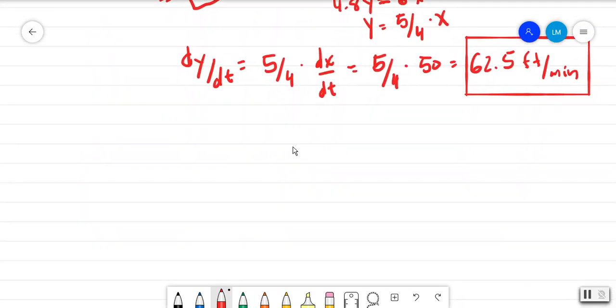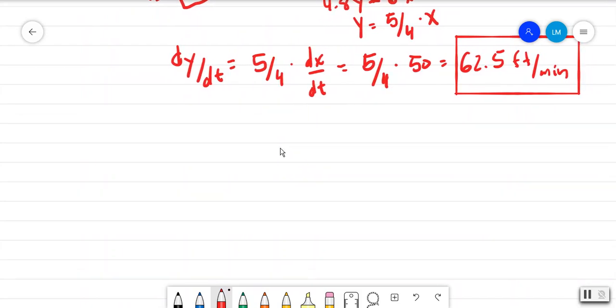Another problem that you might look at is, for example, a cone. Basically you would use the formula for the volume of a cone, which should be 1/3 pi r squared times h.